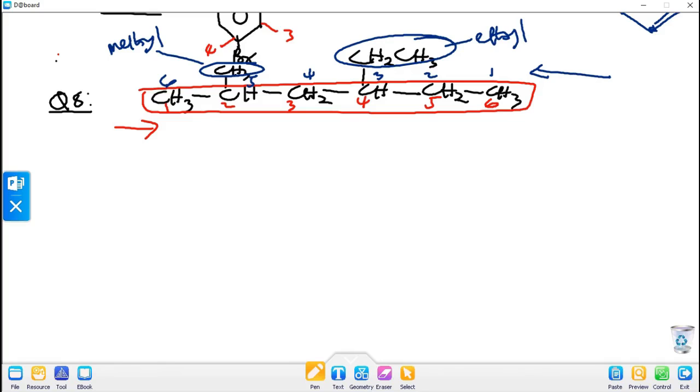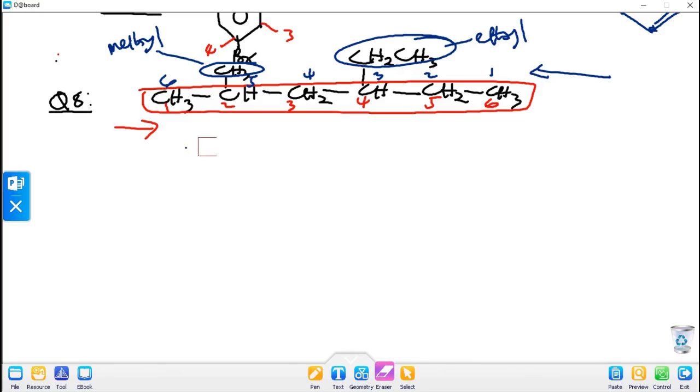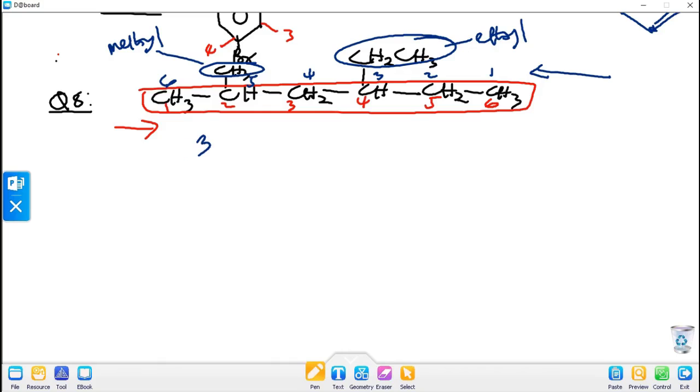So automatically we follow from the right hand side, and that will be 3 ethyl, since ethyl is at position 3, coming from the right hand side.